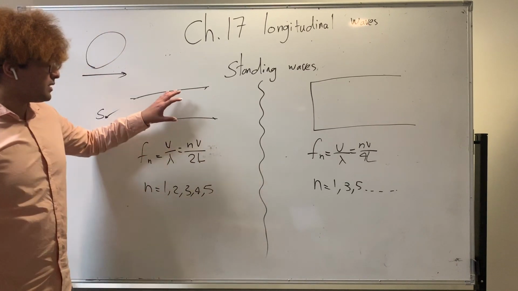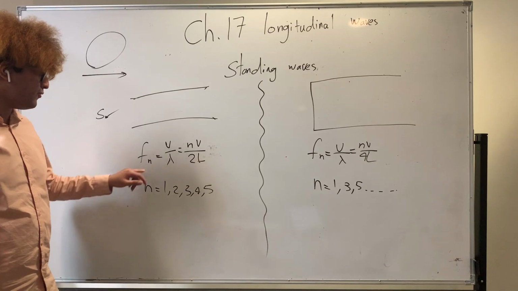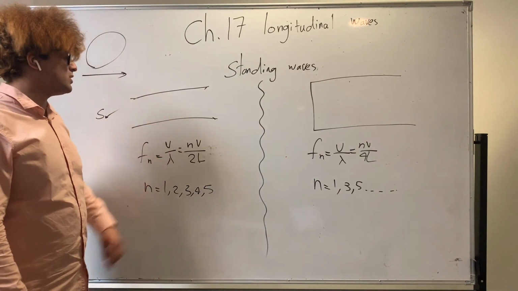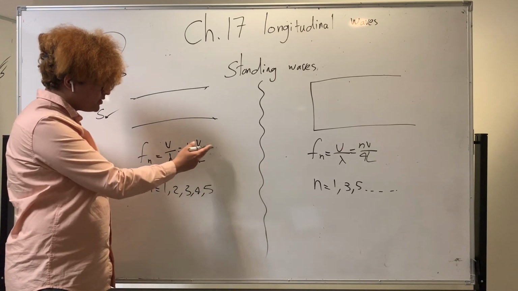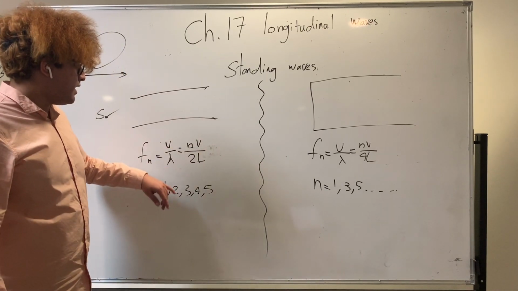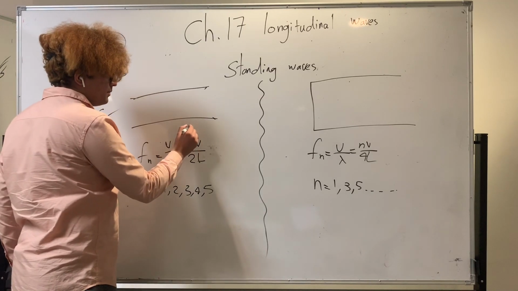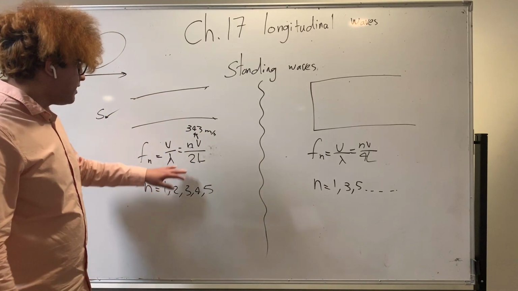So if you have a pipe that is open at both ends, then the frequency for resonance, or the frequency for a standing wave to occur, is going to be the velocity over the wavelength, which is equal to n times the velocity of the wave, and if the medium is air here, then it's 343 meters per second, divided by 2L.